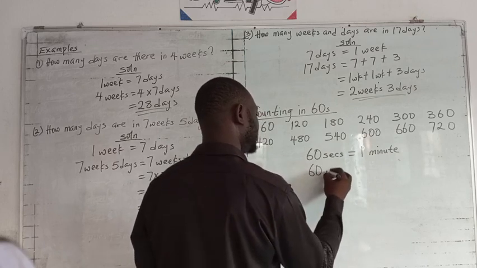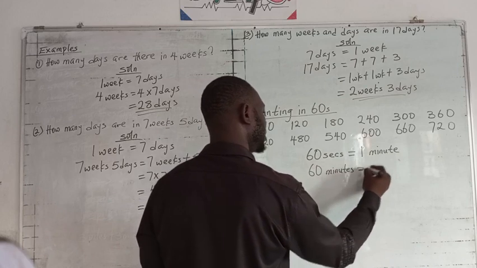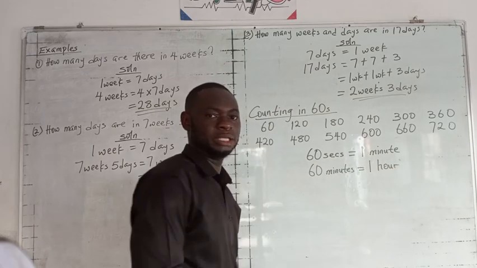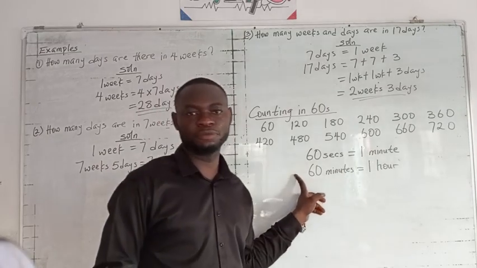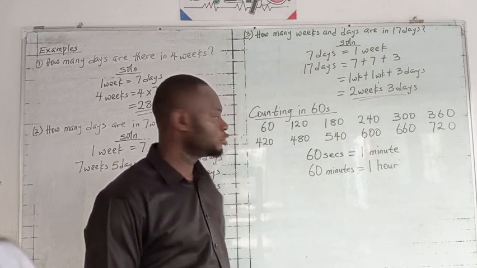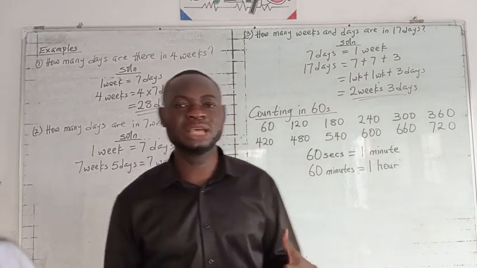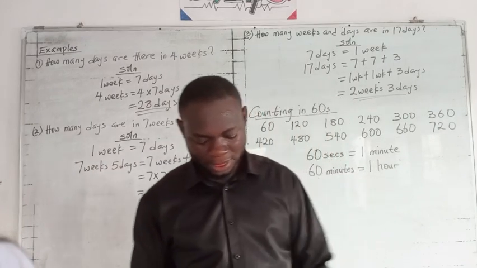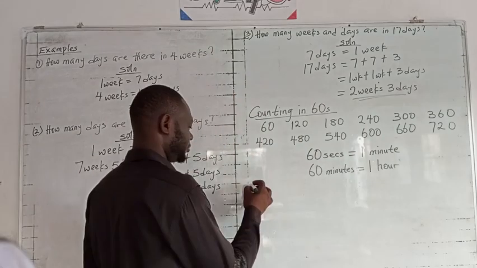And 60 minutes makes 1 hour. So keep this in mind. This is a very basic unit of measurement of time. So we are going to use this to calculate and estimate time. All right? Okay. Look at this example.